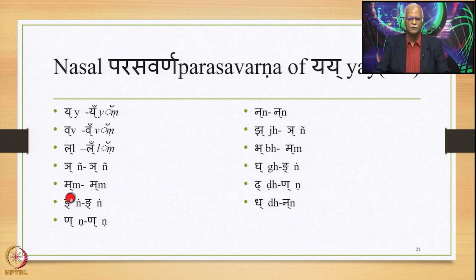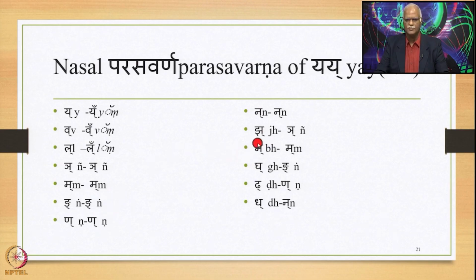Ma is the substituent and the substitute is ma. Similar is the case with nga, which is the substituent and the substitute is nga. Then the substituent is na and the substitution is na. Then the substituent is na and the substitute is na. These five were nasals, these five were anunasikas, and so their nasal parasavarna is the same.